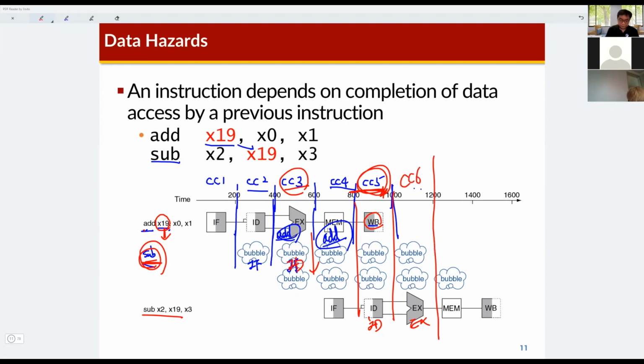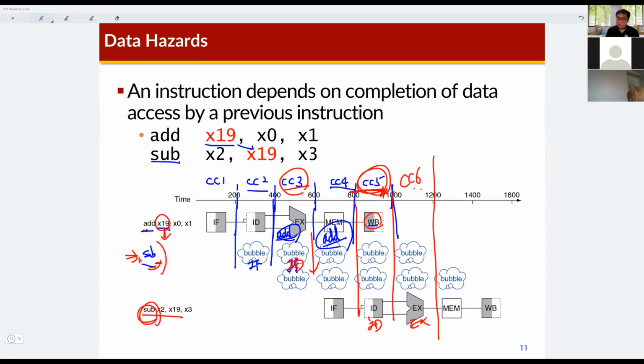Okay. So what's the matter? In order to execute this sub instruction properly, the computer processor needs to wait 2 clocks. The problem is that we assume that the sub instruction can execute right after this add instruction, but 2 cycles are wasted.